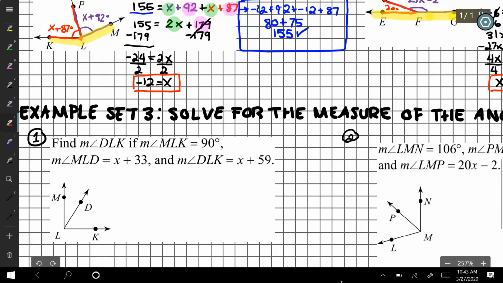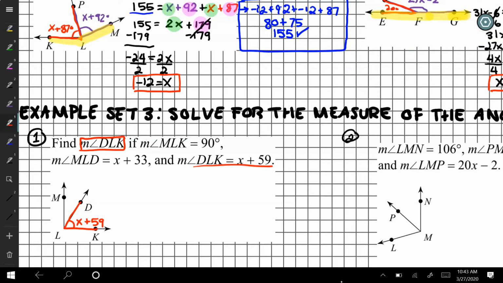Alright, so here we're solving for the measure of angle DLK. So I'm going to do that in red. We're looking for the measure of angle DLK. So we don't know how much it measures, but we do know it has this expression. DLK has a measure of x plus 59. Alright?